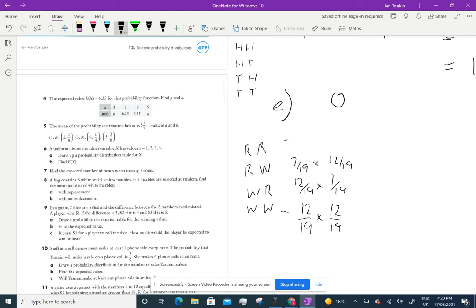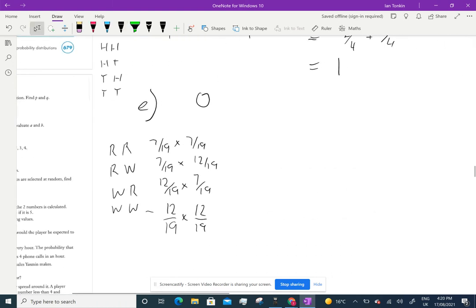And this is 7 on 19 times 7 on 19. Because each of those probabilities is multiplied. So now the chance of getting 0, well, that's this one here. And 12 on 19 times 12 on 19 is 144 on 361.